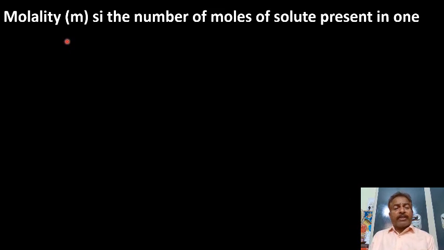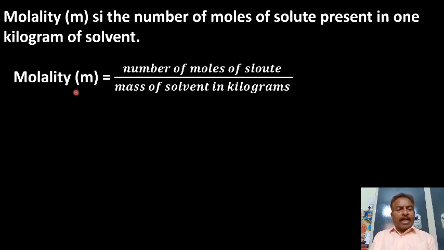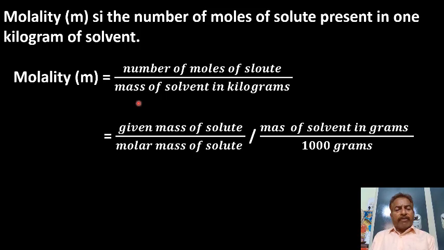Another method of expressing concentration is molality. Molality is denoted by small m. Molality is the number of moles of solute present in 1 kilogram of solvent. So molality m equals number of moles of solute by mass of the solvent in kilograms. This is nothing but given mass of solute by molar mass of the solute divided by mass of the solvent.